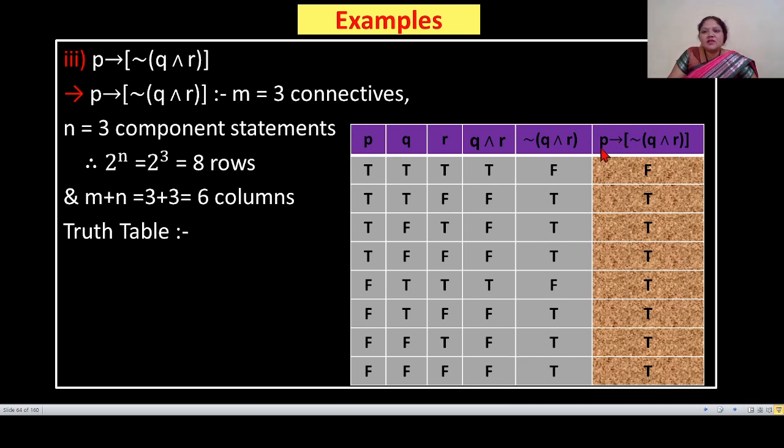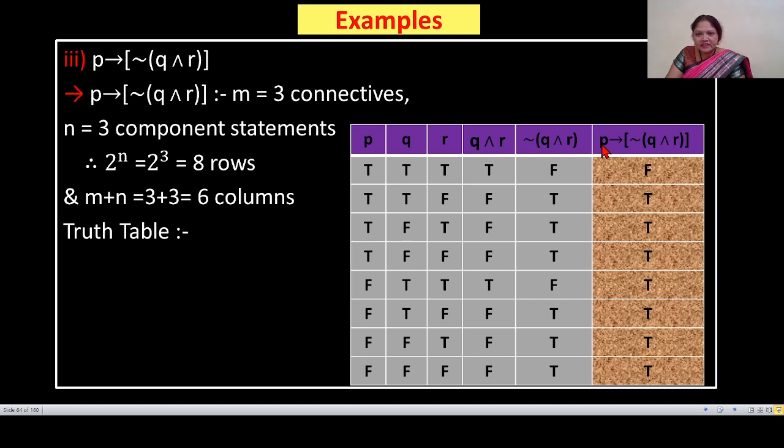And last column is P implies negation of Q and R. First column is P column and fifth column is negation of Q and R. Here implication of first and fifth column. And we know that implication is true in all cases except when first statement is true and second statement is false.